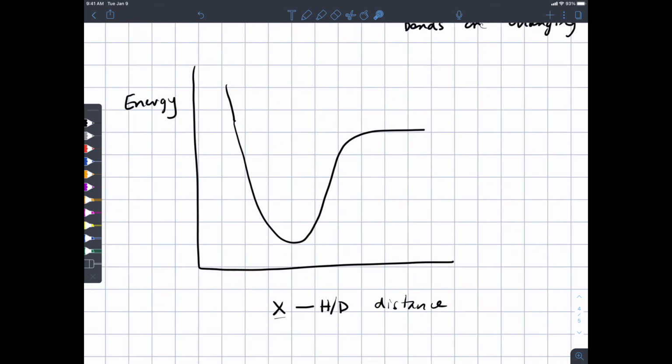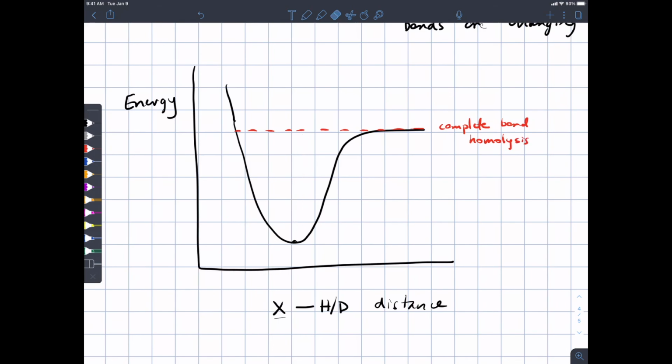And breaking of a bond would involve going from here all the way here, right? Bond breaking. This energy level represents complete bond homolysis or homolytic bond breaking.